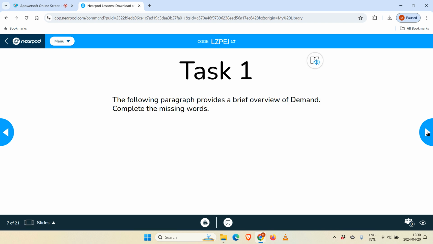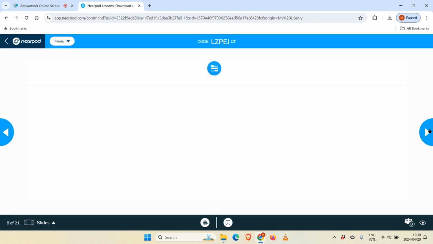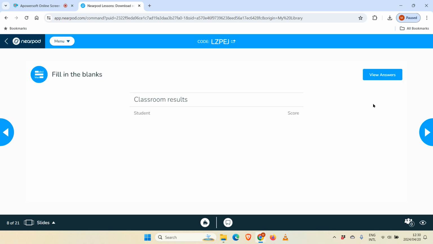Let's go on to our first task for this lesson: a paragraph that describes demand with some missing words, and I want students to complete the paragraph by filling in the missing words. Let's wait for this to load.